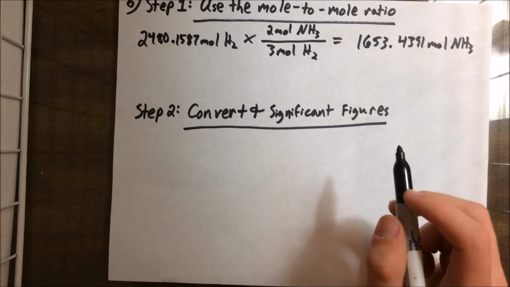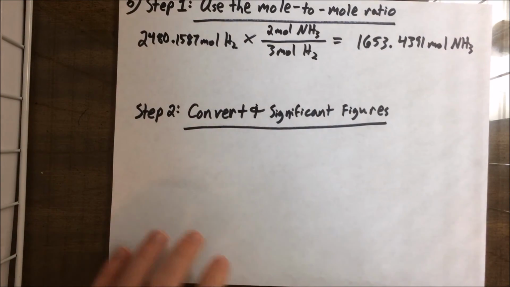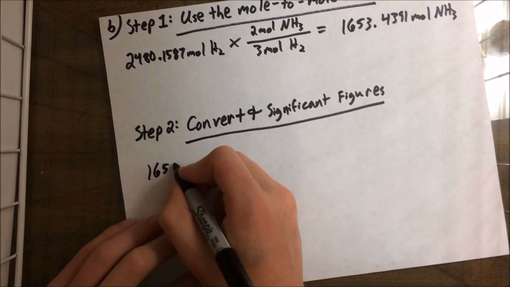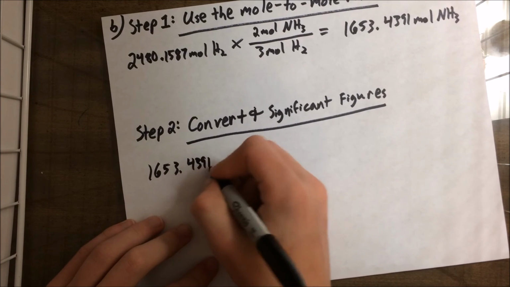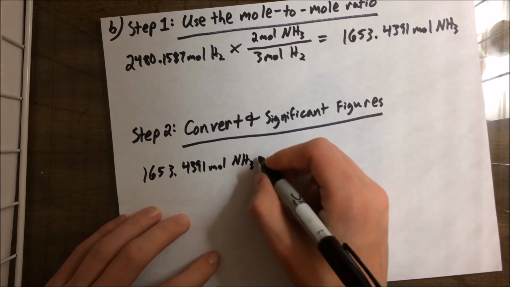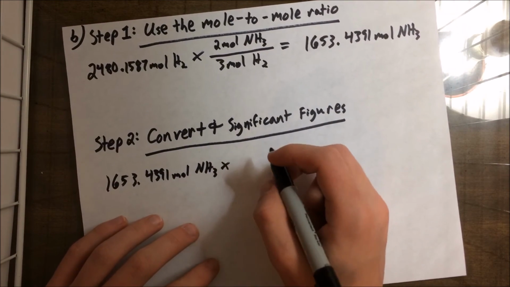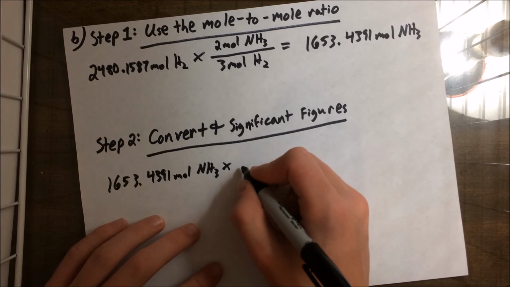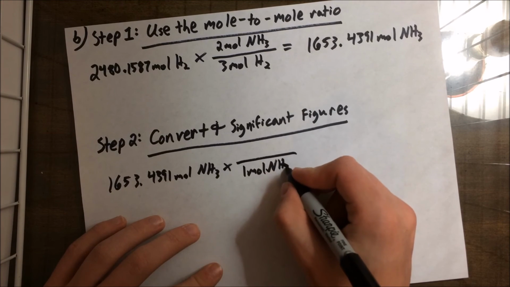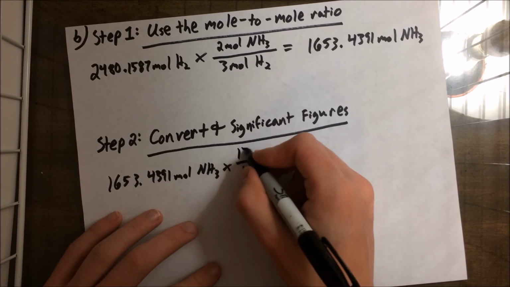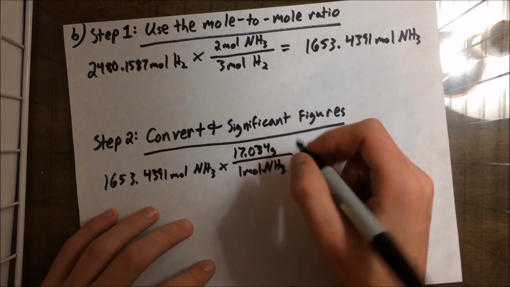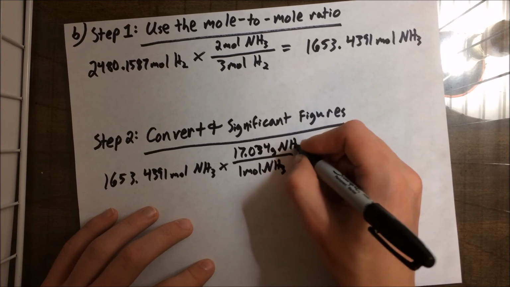Okay, so then it asked for the mass, so we have to convert from moles to grams. So 1653.4391 moles of NH3 times 1 mole of NH3 under the molar mass of NH3, which is 17.034 grams of NH3.